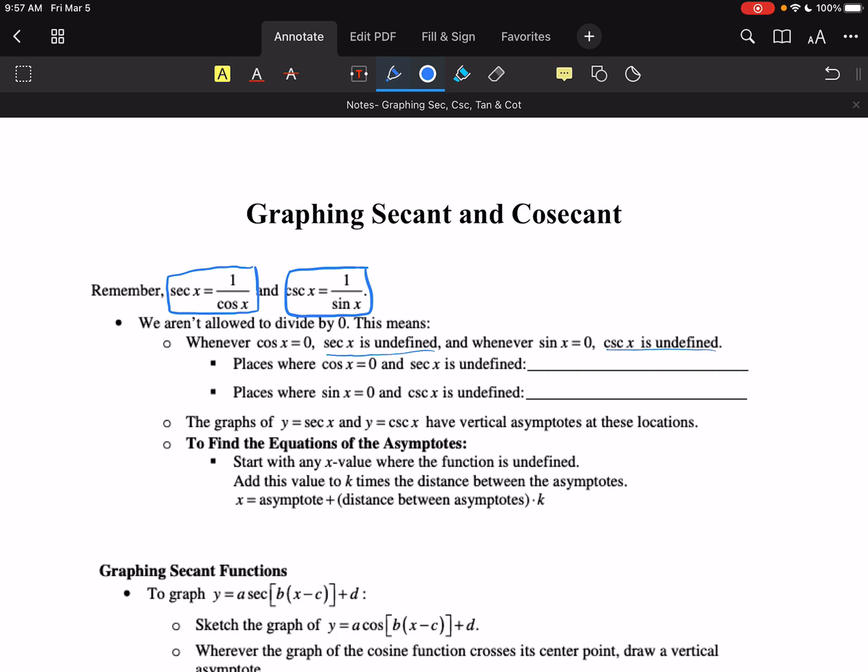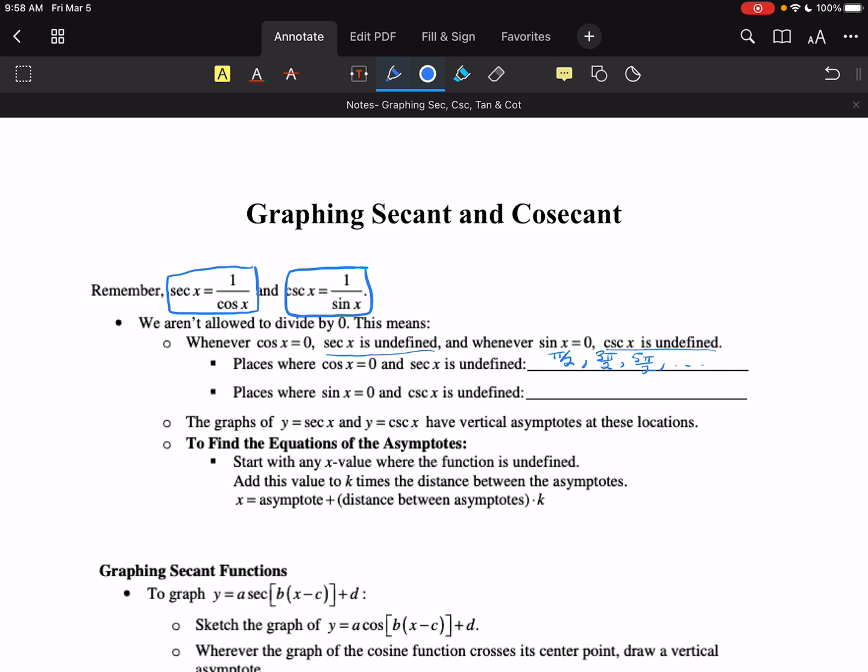So just to put that info together, places on the unit circle where cosine of x equals 0, which means secant would be undefined, are at my pi over 2's. So pi over 2, 3 pi over 2, if I kept going, 5 pi over 2, on and on.